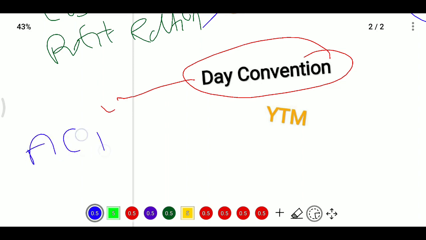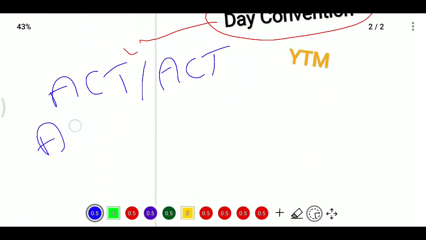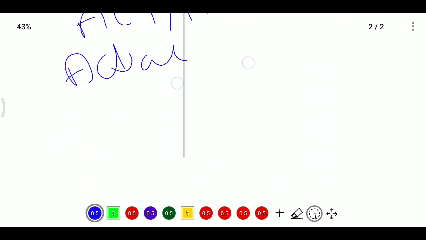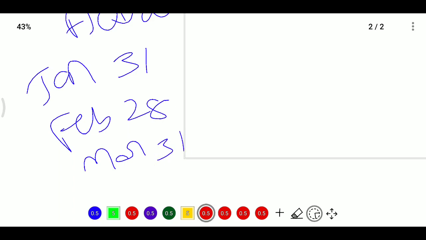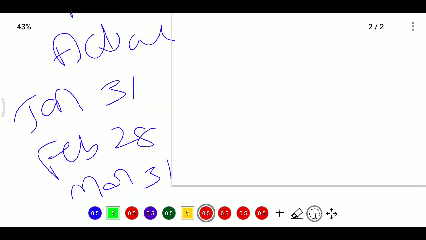Popularly, day conventions are act to act. Act to act means actual basis. For example, January has 31 days, February 28 days, March 31 days, April 30 days. So actual to actual basis: we take the actual number of days in that month only. That is the day convention act to act.